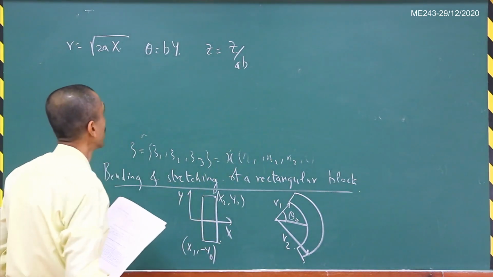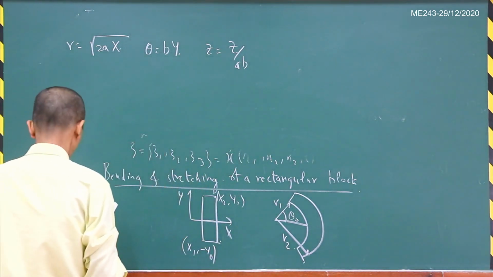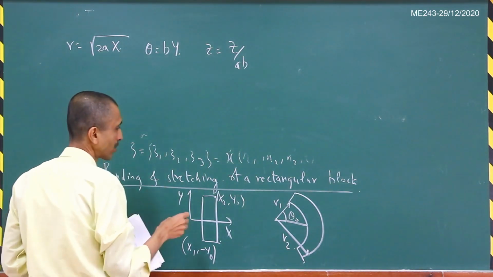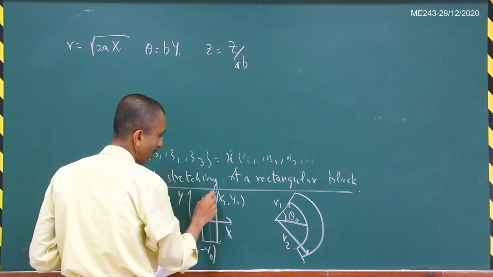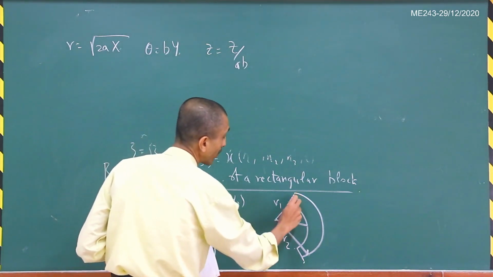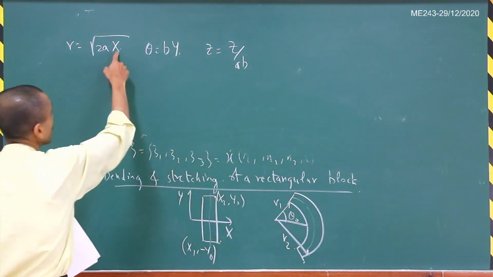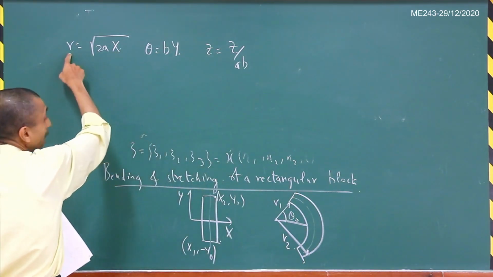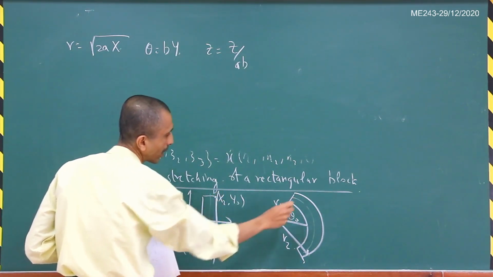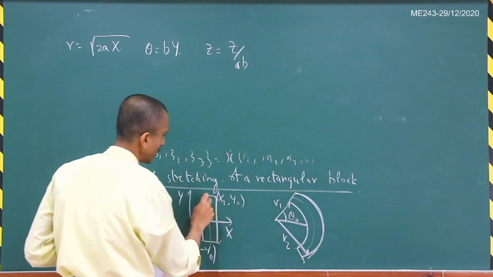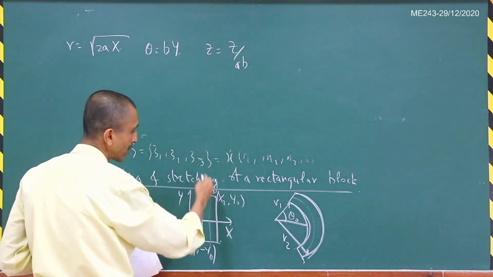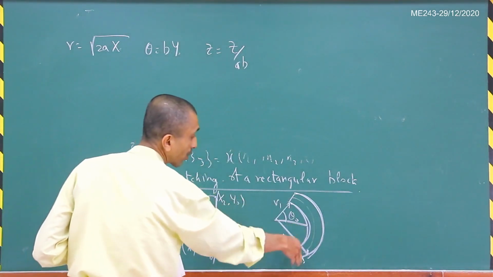Lines of constant X go to lines of constant r, because if X is constant, then r is also constant. So this outermost line goes into this particular line, then this line goes into this radius r1, and so on. Each line of constant X goes into a constant r line.